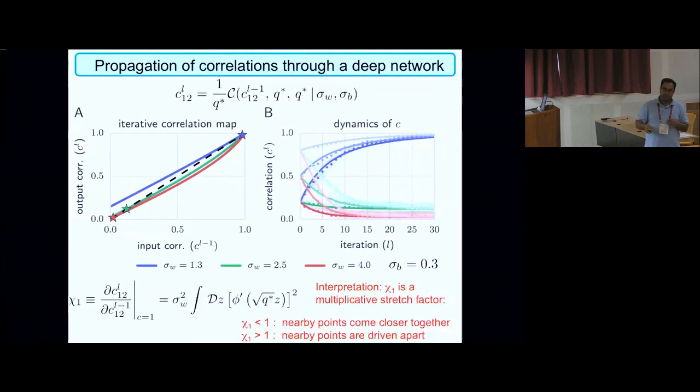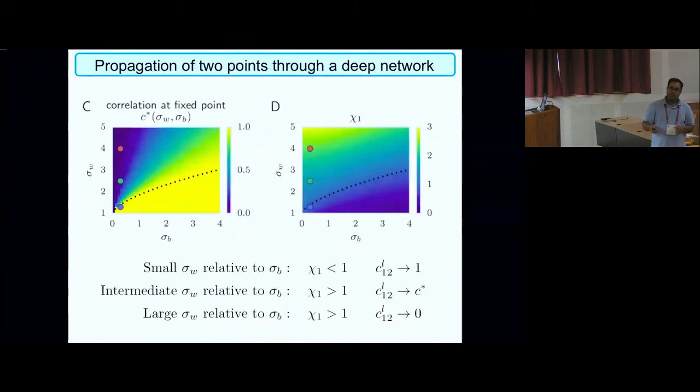You can write down something that's the analog of a Lyapunov exponent, which is a local multiplicative stretch factor for propagation through the system. If chi1 is bigger than 1, the nearby points are driven apart. If chi1 is less than 1, the nearby points are driven closer together. Then you can write down the phase diagram for this network.